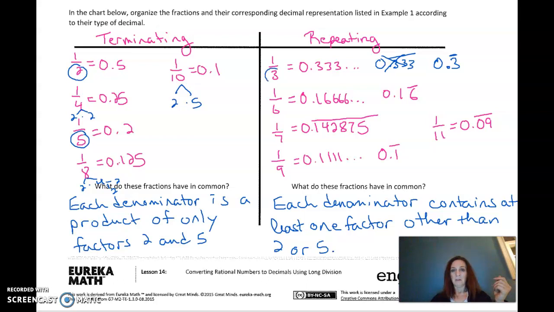Meaning, well, 3 is prime, 6 breaks down into 2 times 3, 7's prime, 9 breaks down into 3 times 3, 11 is prime. They aren't just made up of factors of 2s and 5s. That's going to be a hint. That's going to help us know if something is terminating or repeating, especially when we're using long division to figure it out.